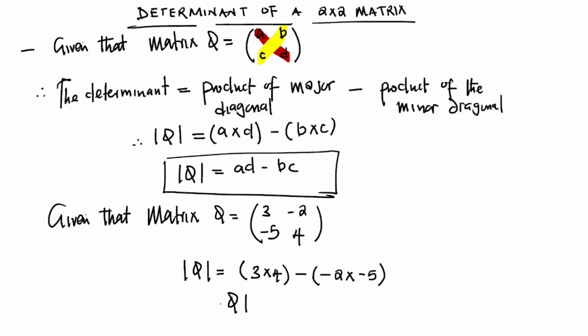So 3 multiplied by -2, that is -6. Then 4 multiplied by -5, that is -20. Okay, so our answer there is going to be +2 as our determinant for the 2 by 2 matrix.